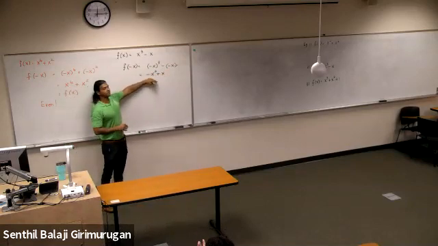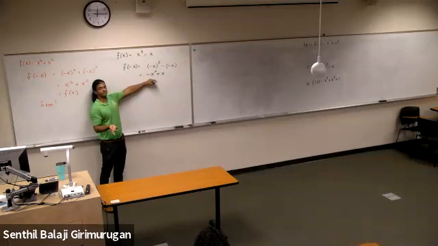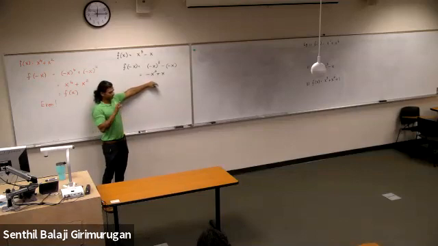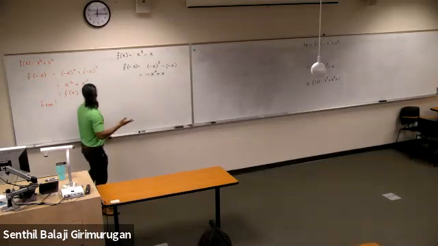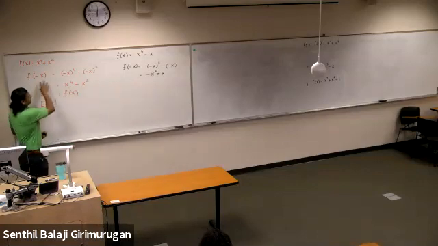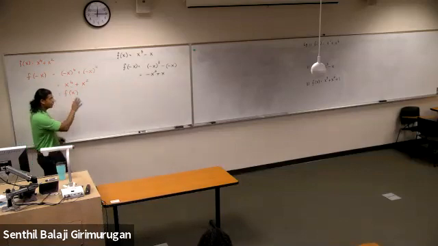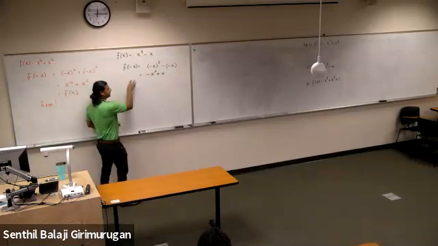I've seen students stop here and say, well, this doesn't look anything like the original function or the negative of the original function. So they would simply say this is neither even nor odd. But what are we trying to determine? We are trying to determine if f of negative x is equal to f of x, or f of negative x is the negative of f of x.